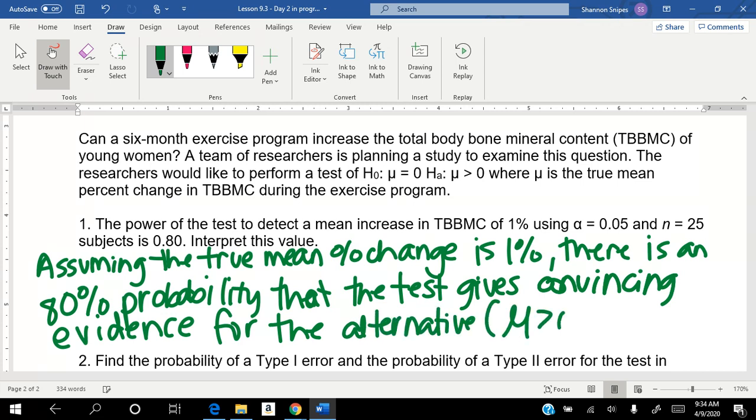Remember, mu is greater than 0. So assuming the true mean percent change really is 1%, there is an 80% probability that the test, the significance test, will give convincing evidence for the alternative.